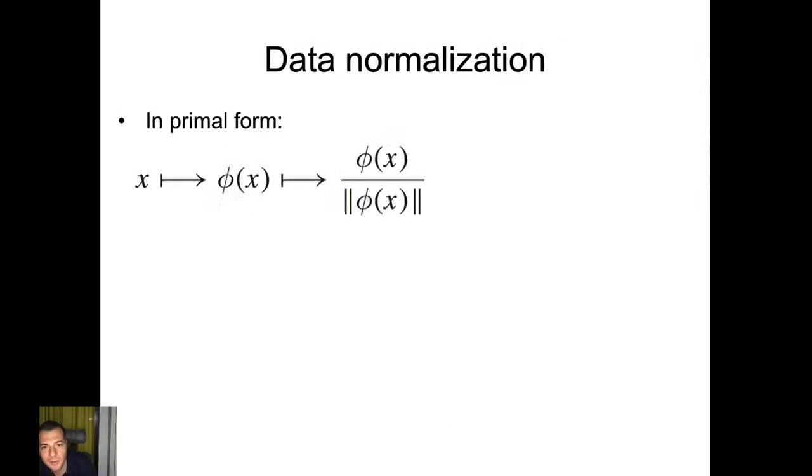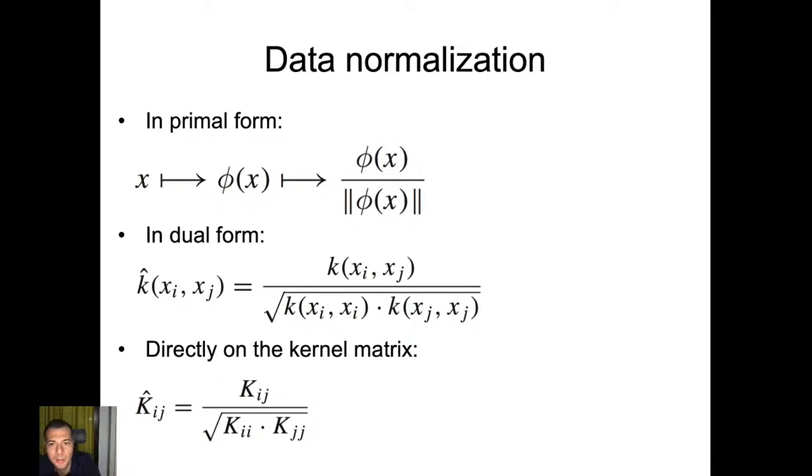This can be performed here in the primal form. If we do the embedding, then we just compute the norm of the embedded vector, and we divide each component with respect to the norm.